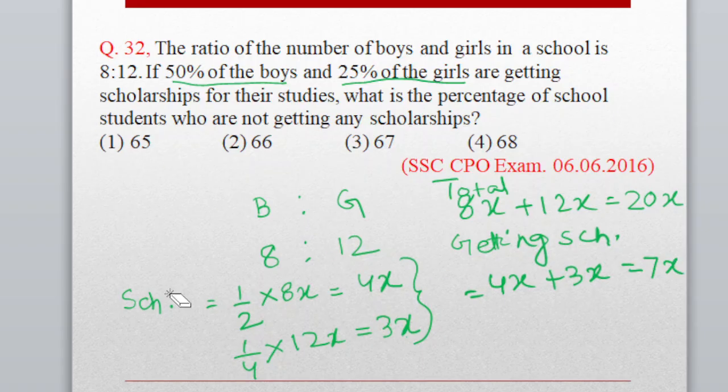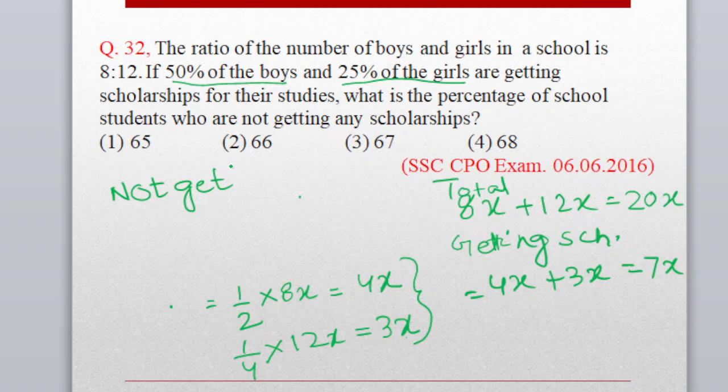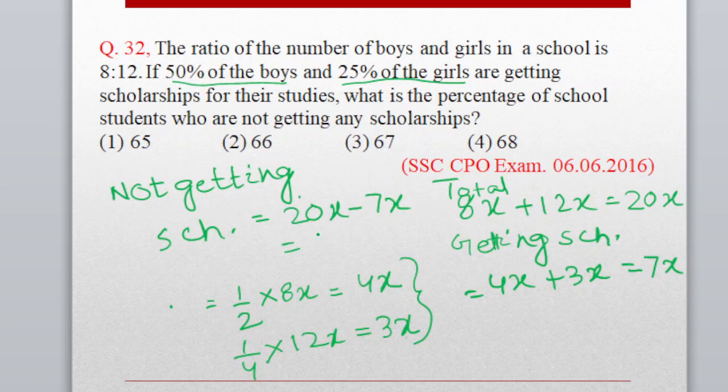So not getting scholarships are 20x minus 7x. So that is equal to 13x.